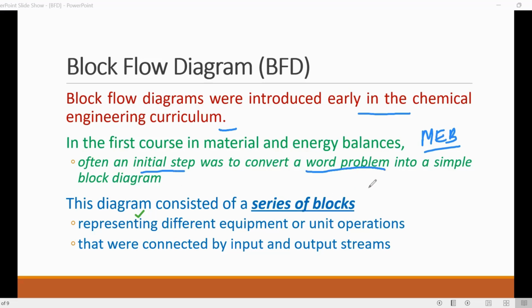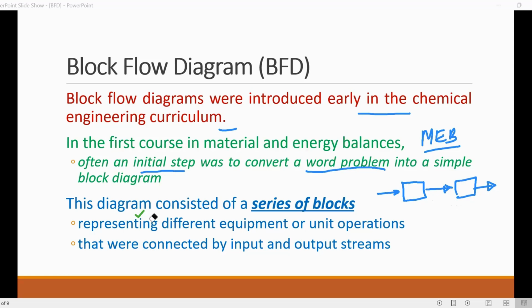That means, given a problem specification, you read the word problem and convert it into a block diagram. A block diagram consists of one or more blocks connected by directed arrows.